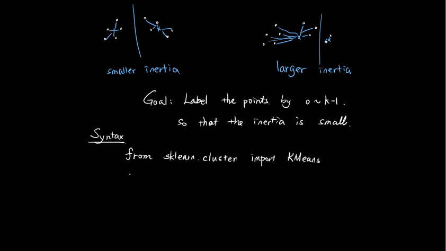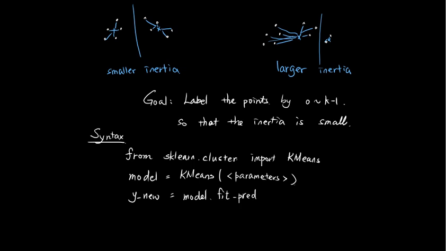And after that, we select the model as KMeans. As usual, we can supply some parameters. And after that, we do model.fit_predict from x. So x is the data, and y is the label.